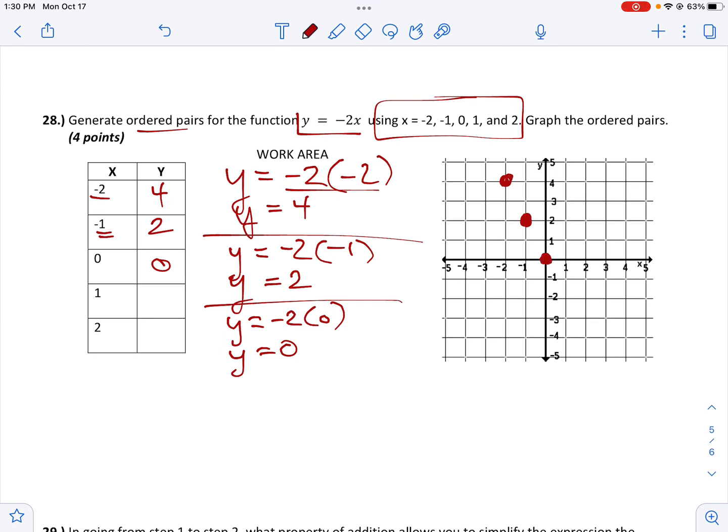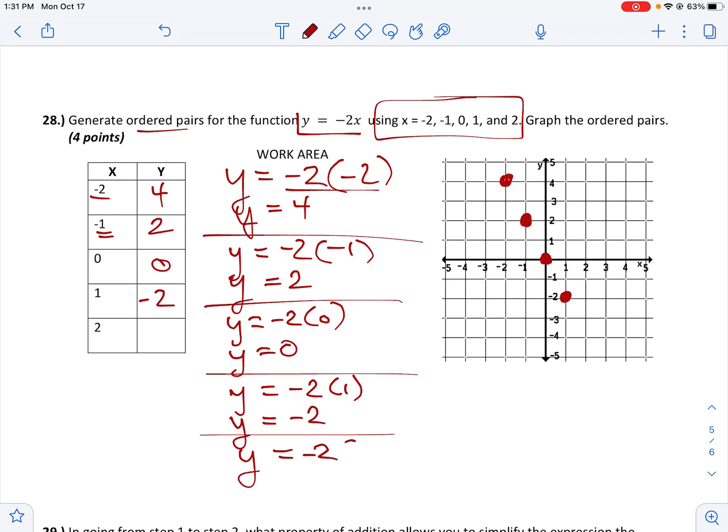Remember that point's called the origin. Y is equal to negative 2 times 1. So y is equal to negative 2. So 1, negative 2. Notice the straight lines forming. And last one, y is equal to negative 2 times 2. Y is equal to negative 4. So 2, negative 4. Those are my ordered pairs.